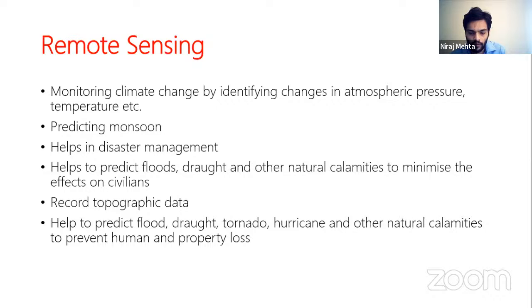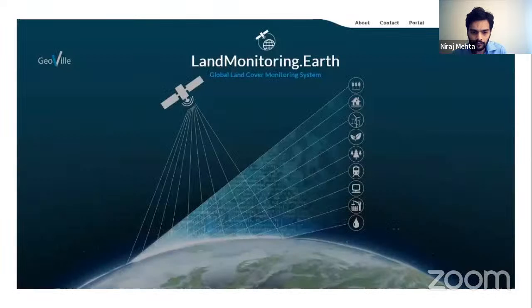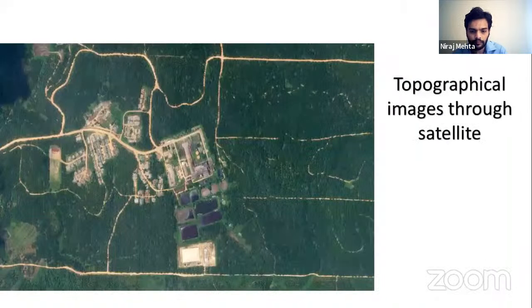So these are all captured by remote sensing. This is nothing but land monitoring. A satellite will capture the topography, all the structures and all the things that are present on the surface of the earth, capture that data, process it, and then send it back to the engineer who is requesting this data.